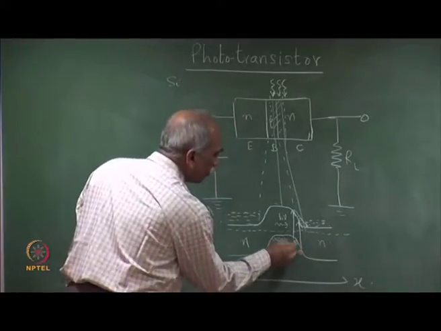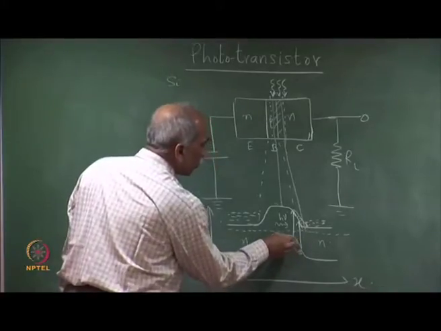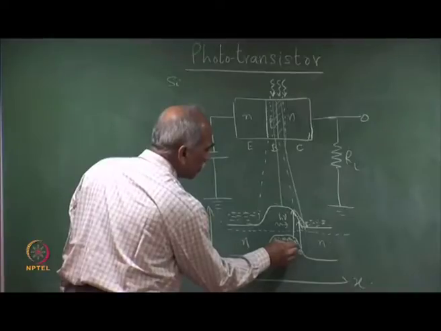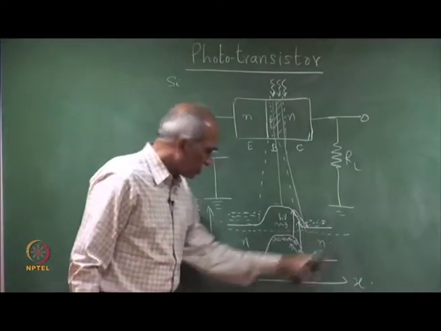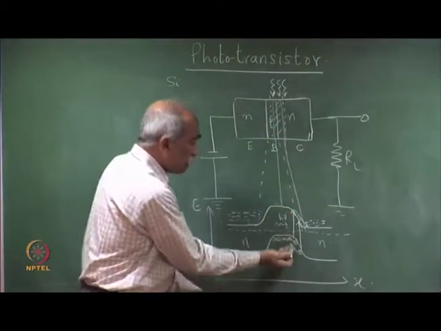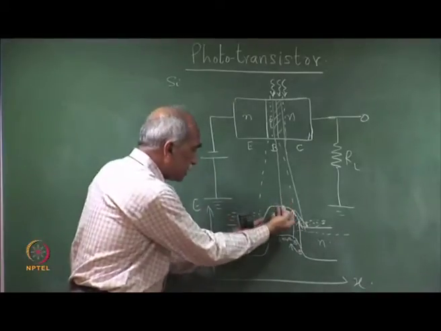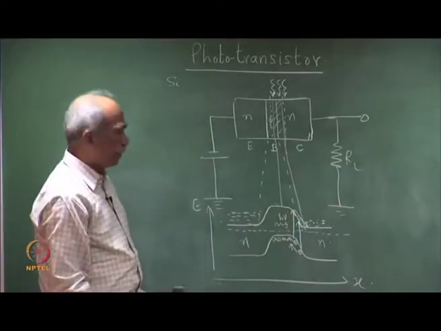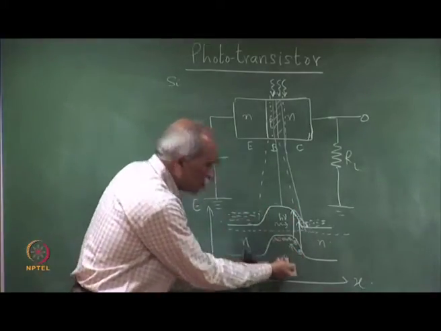this moves up. So, we have all holes here. So, there are more holes coming here, and an electron going here. More holes coming to the base region means this region becomes more positive or the potential energy is lowered, which means this barrier is lowered.